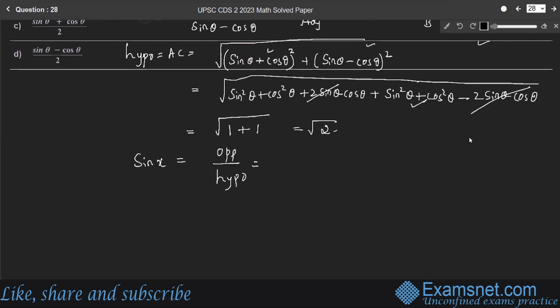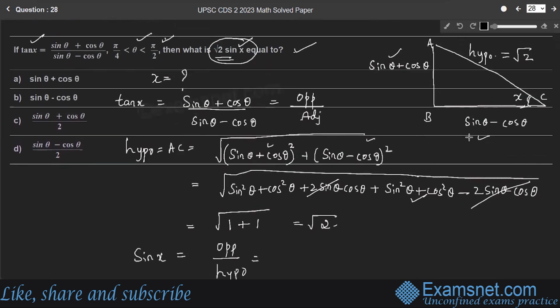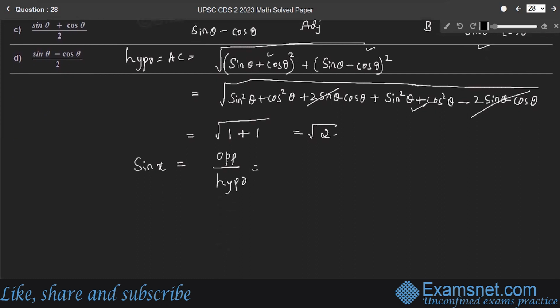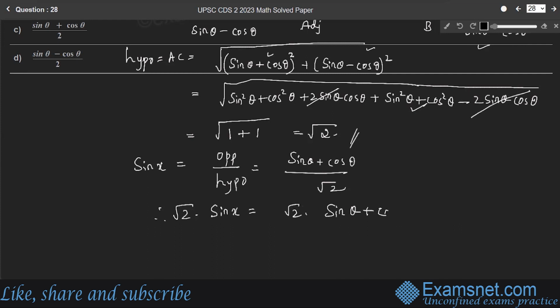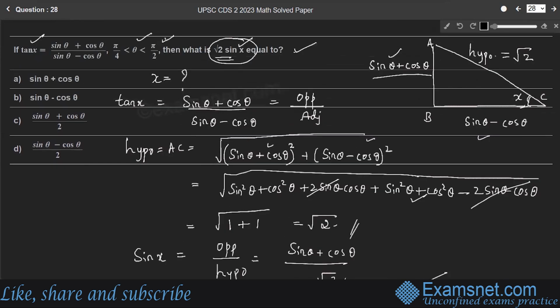The opposite side AB is sine theta plus cos theta, and the hypotenuse is root 2, as we just calculated. So the value of sine x is sine theta plus cos theta by root 2, and we can cancel root 2 and root 2. Therefore, we have sine theta plus cos theta as the final answer. Option A, root 2 sine x is sine theta plus cos theta.